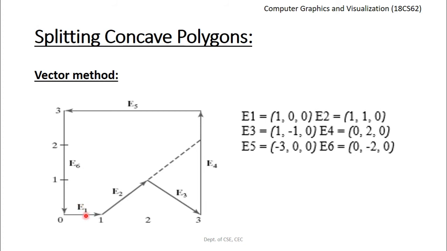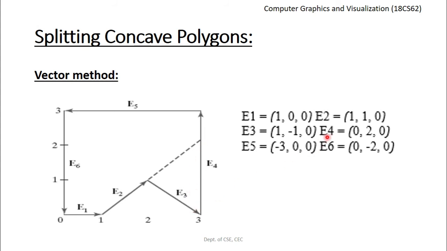What is the edge vector for E1? It is 1 0 0, because there is only a displacement along the x axis. For edge E2, as we discussed earlier, there is a displacement along the x axis as well as the y axis. So the edge vector for E2 will be 1 1 0. For E3, it is a positive displacement along the x axis and a negative displacement along the y axis. So it is 1 -1 0. What about edge E4? There is only a displacement along the y axis by a value of 2.